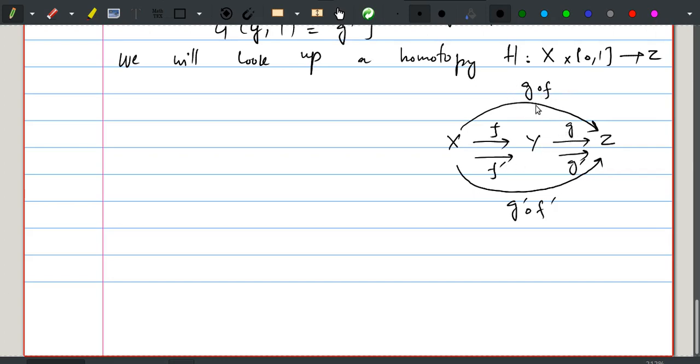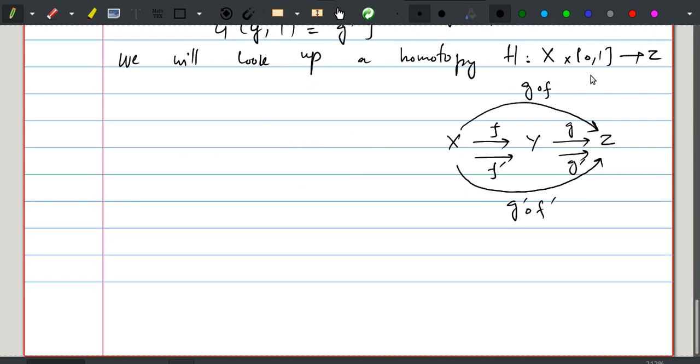So we have to prove this composition map g composite with f is homotopic to g prime composite with f prime. So now we have to exhibit this homotopy. We have to show how this homotopy is going to look.